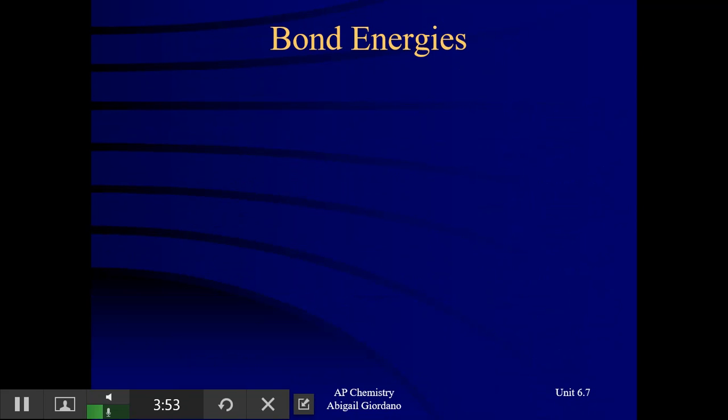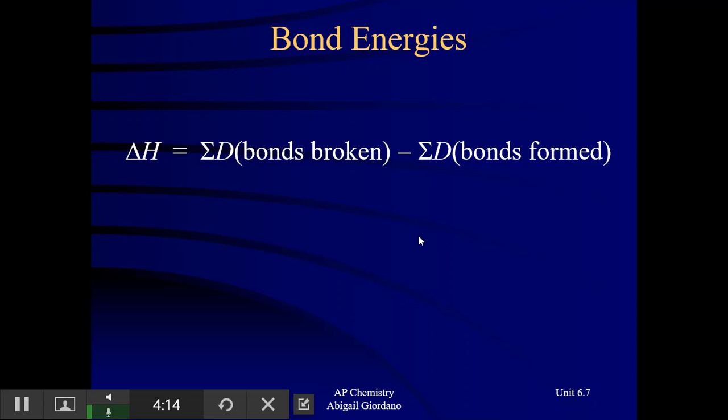Now, we have seen thus far multiple ways to calculate the delta H of a reaction. One in particular being that you can look at it from a reaction profile, products minus reactants. And I'm going to show you another way to calculate the delta H, the change in heat, the change in enthalpy for a chemical reaction.